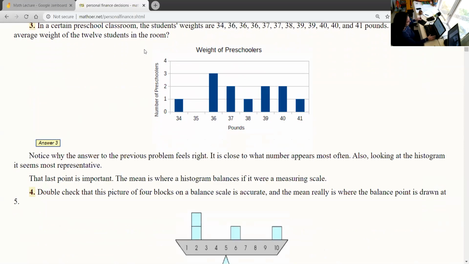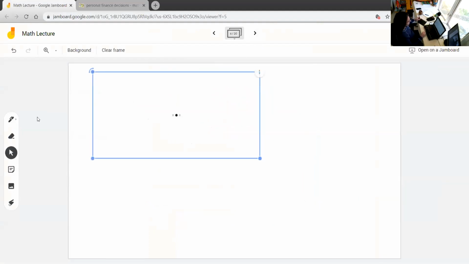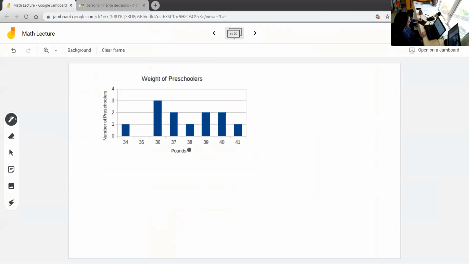So having seen that math, the 38 pounds looks right. You can imagine that if I was to draw like a teeter-totter, then it would balance on the 38.